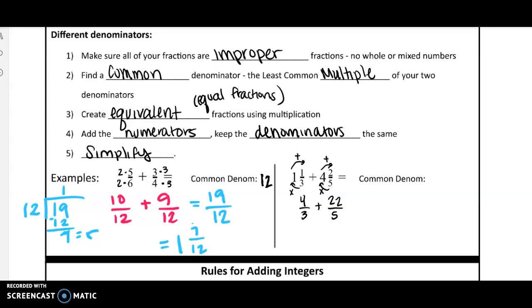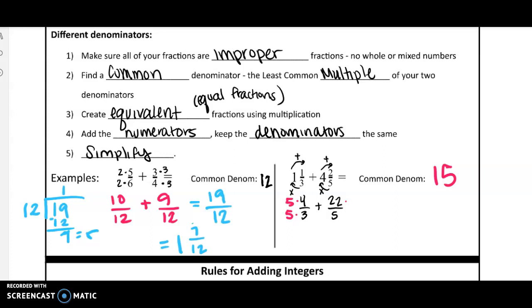Our least common multiple, so what number does 3 go into that 5 also goes into? So 3 goes into 15, and 5 goes into 15. So to get a 15 on the bottom, I have to multiply the 3 by 5, but that means I have to multiply the top by 5.